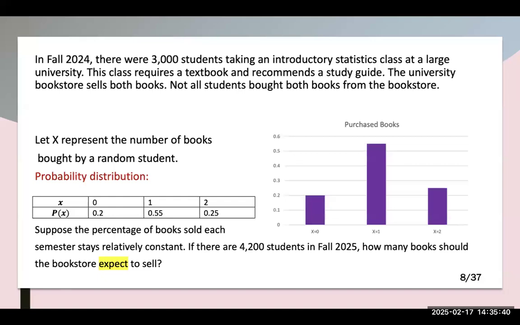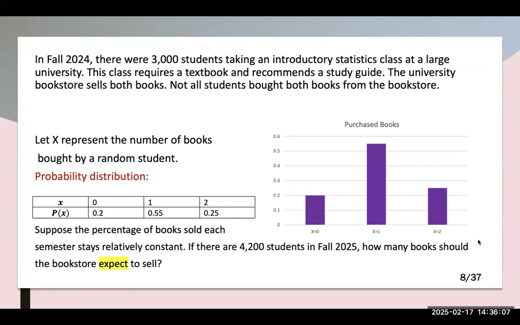Now, suppose the percentage of books sold each semester stays relatively constant. If there are 4,200 students that are signed up to take this class in fall 2025, and let's assume that it still requires the same textbook and the same study guide, how many books should the bookstore expect to sell? This is a good question because they need to know how many to purchase in order to sell.